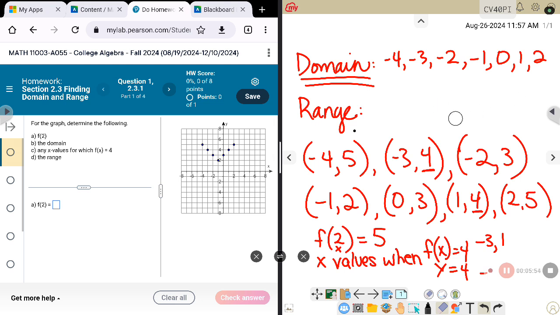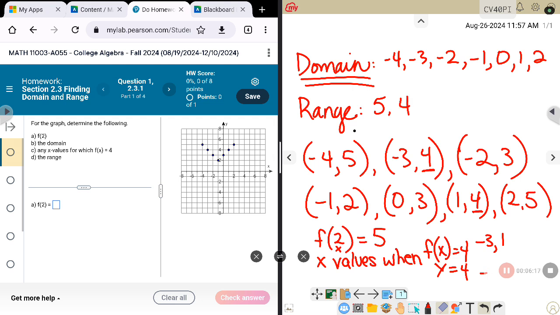Then the last part of the question is to find what the range is. In other words, I am listing all of the y values. Sometimes they will repeat, and if you have any repeating values, you don't need to use them twice. Starting with that first point, I have 5.